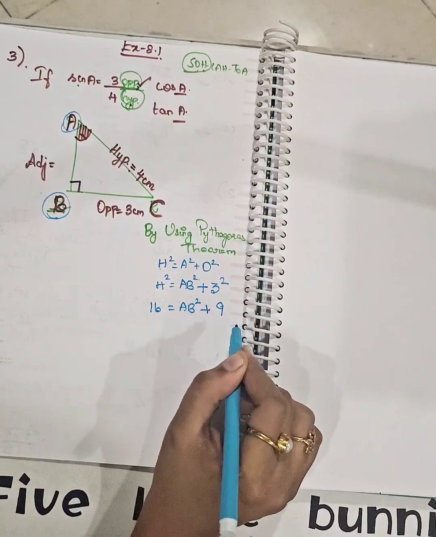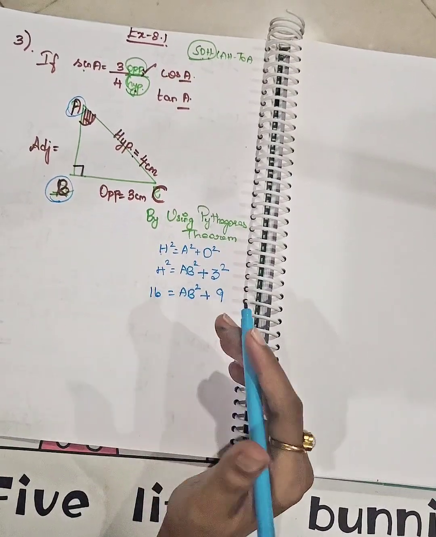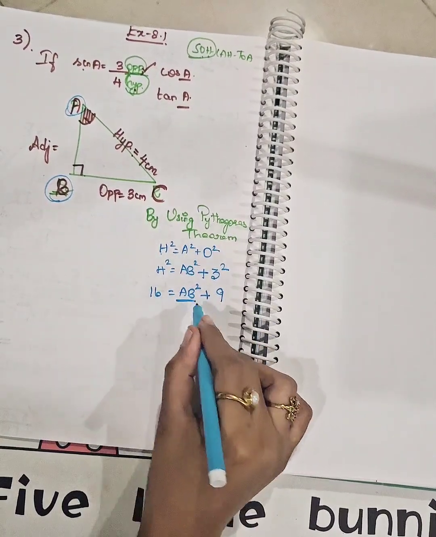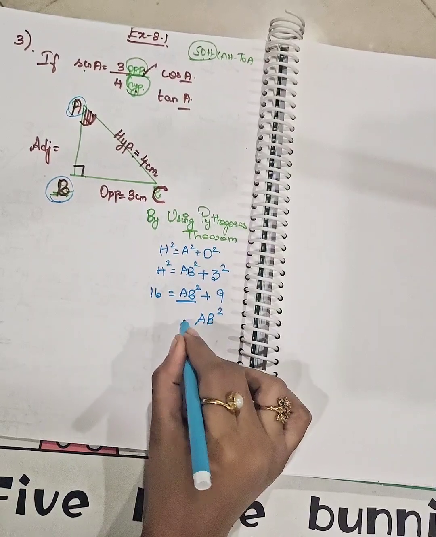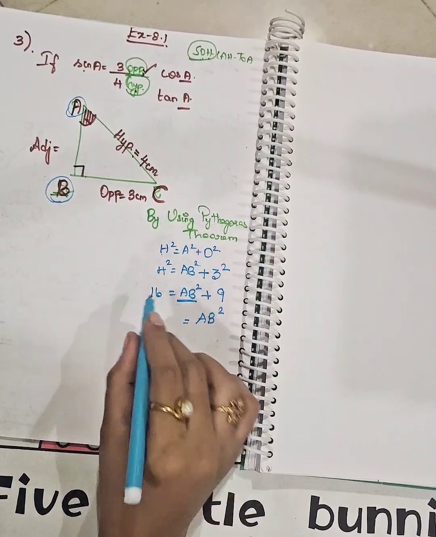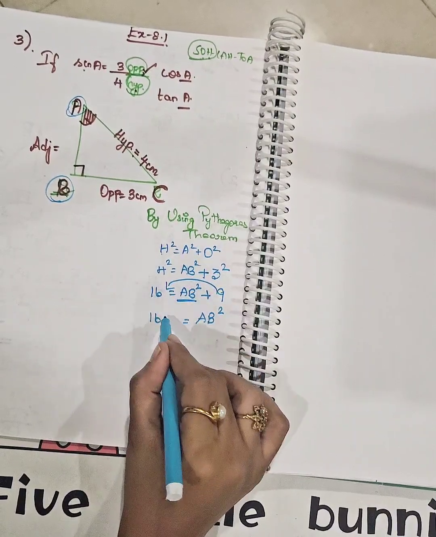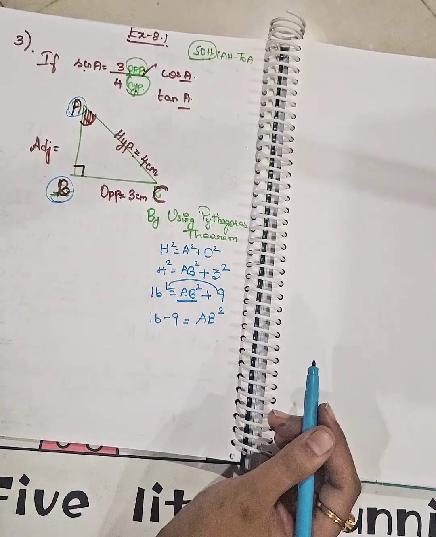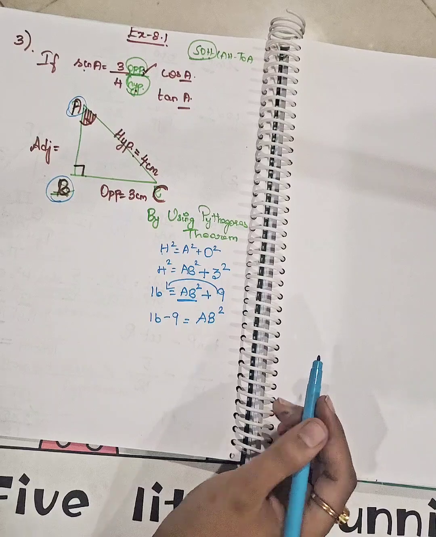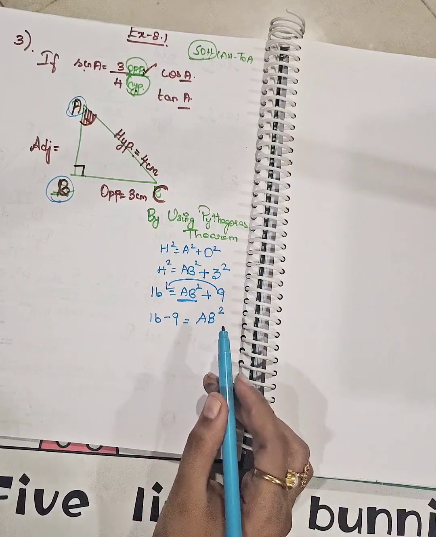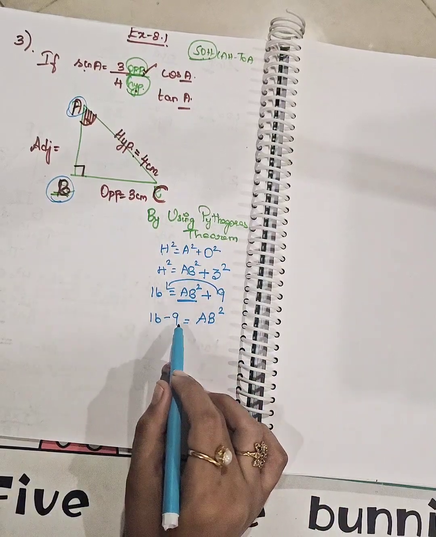3 3s are 9. So already I've told you whichever we don't know, the unknown side, keep it on one side. And all the known values, take it together. Which means plus 9 will go here and become minus 9. Okay students, very simple. So what is the answer for this? 16 minus 9.